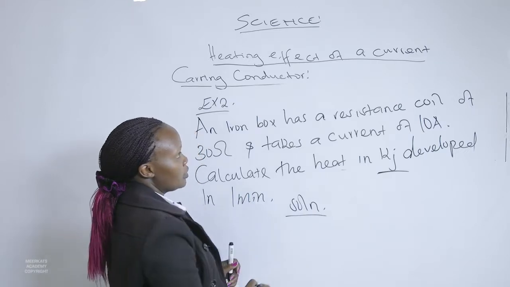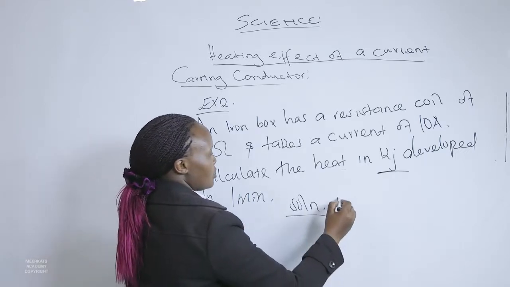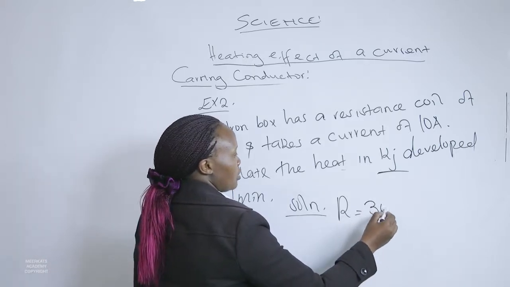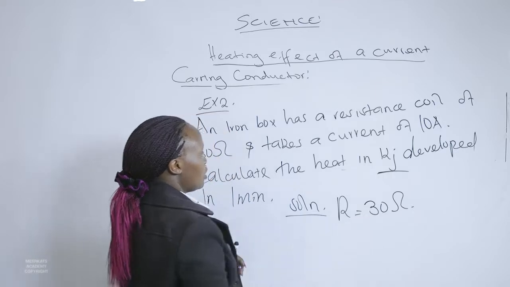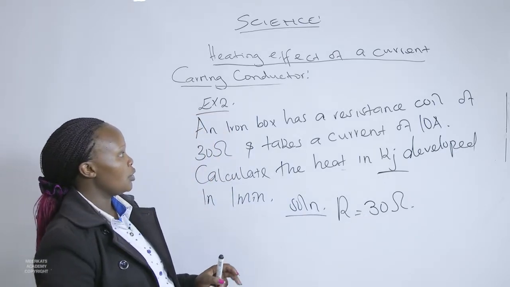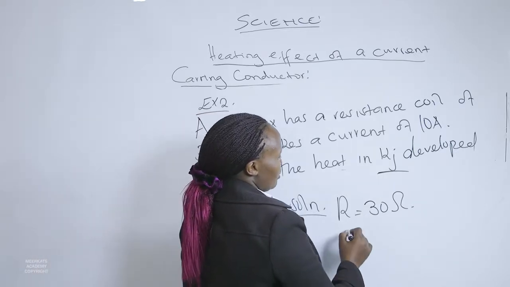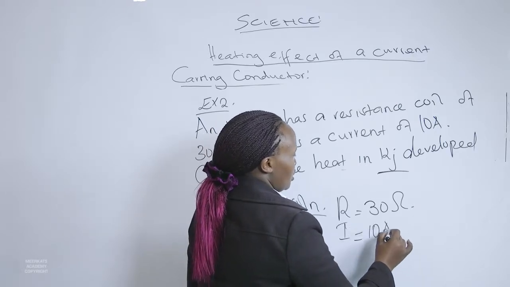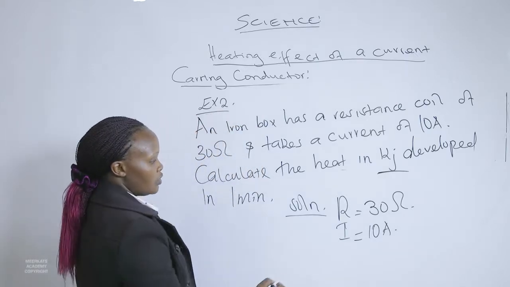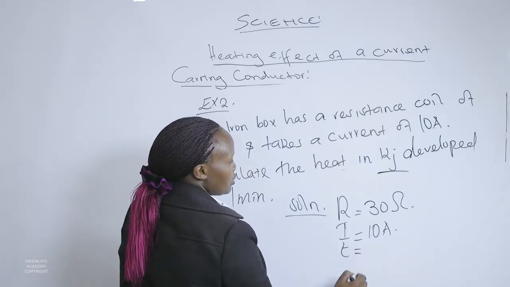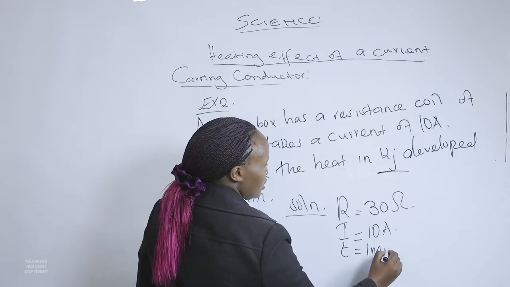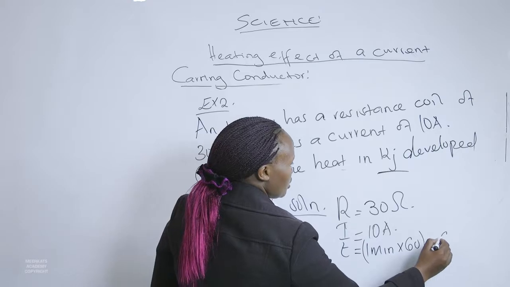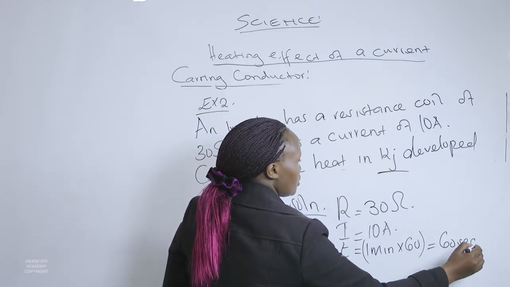We have the resistance, which is 30 ohms. We have current, which is 10 amperes. And we have time, which is 1 minute. We convert that to seconds, so that now we have 60 seconds.